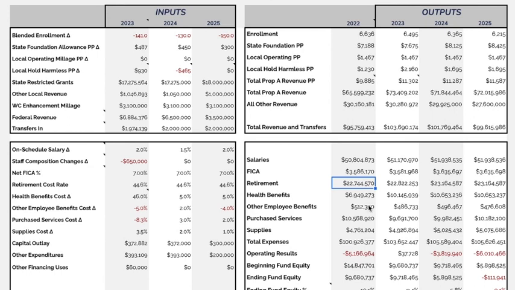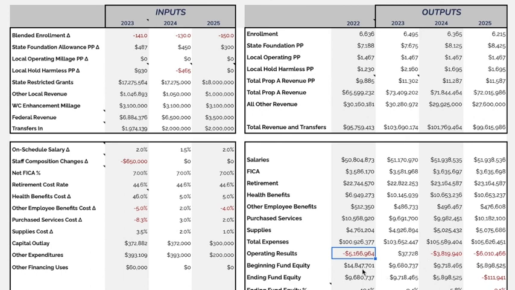We had health components, other employee benefits. Then here's your purchase services and supplies, for a total of expenses of just under 101 million. So with 101 million against revenue of 96 million, you can see exactly how the district operated at a $5.2 million shortfall for the 2022 year.